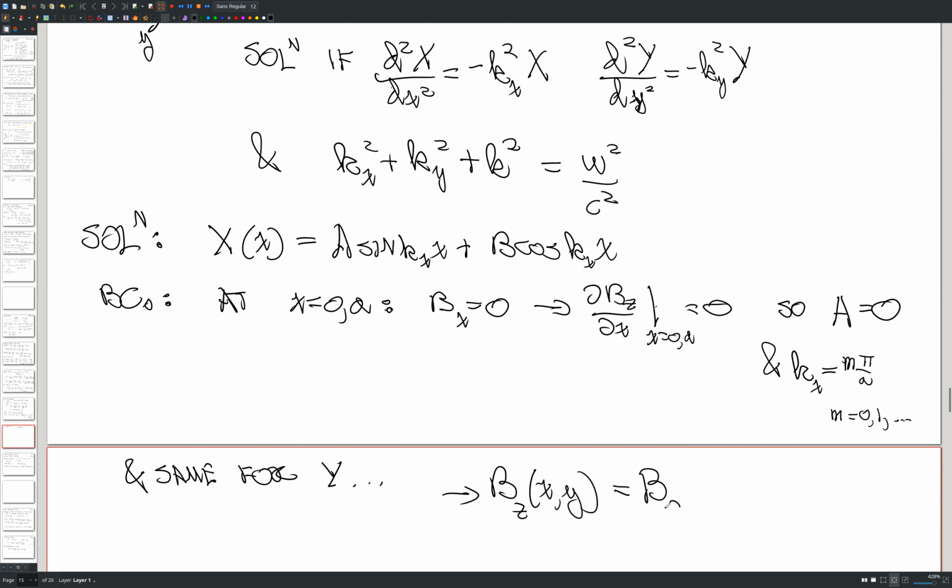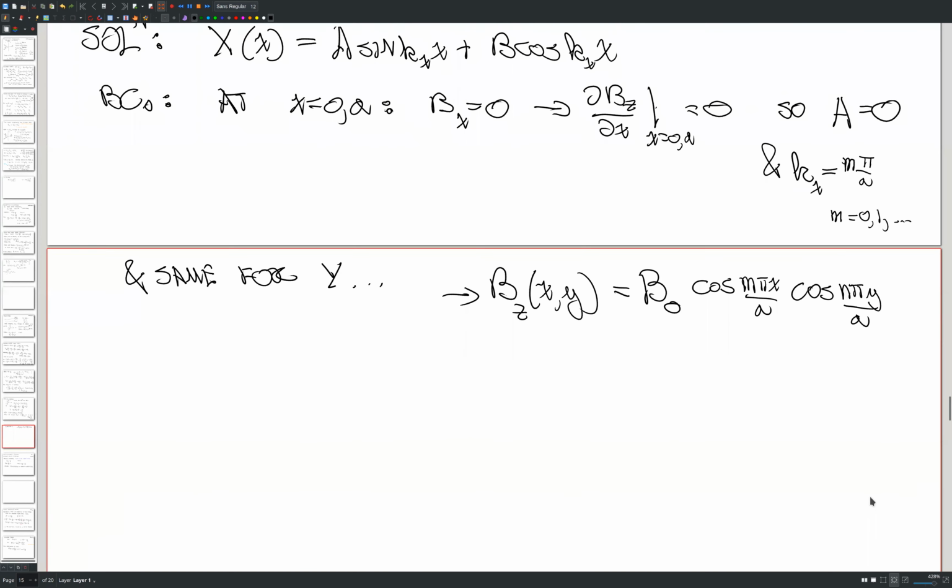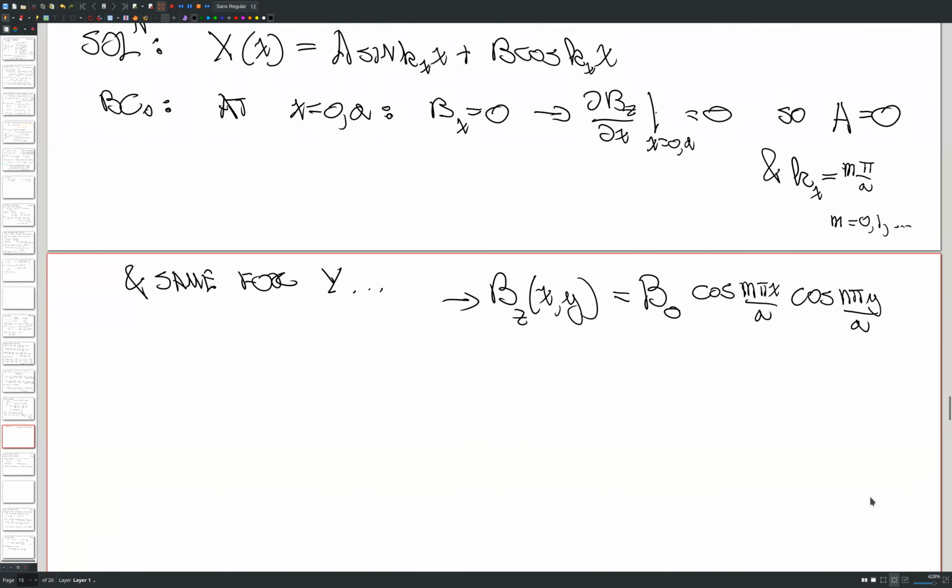It's got some amplitude, but then there's the cosine of m pi x over a, and in the y direction it's the same thing, but now with an n pi y over a. Okay, where these m and n are just integers.